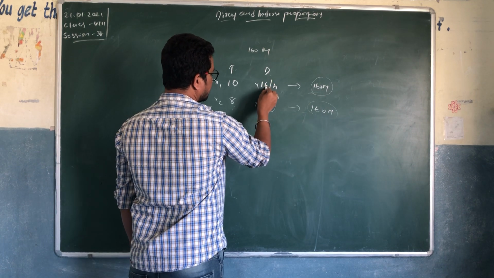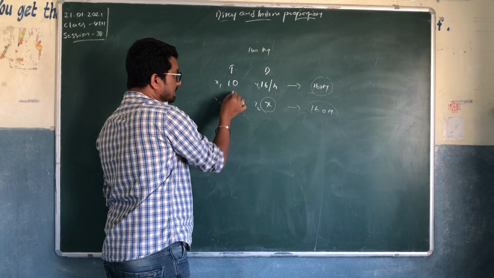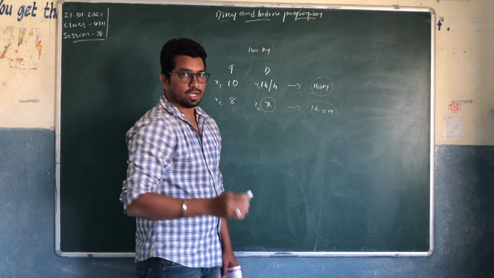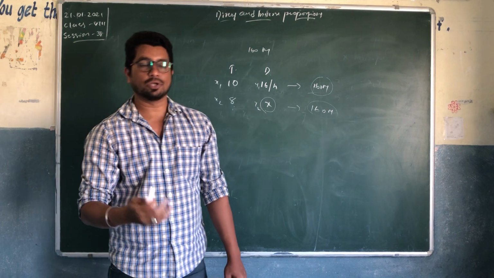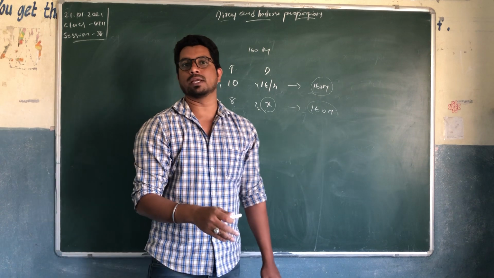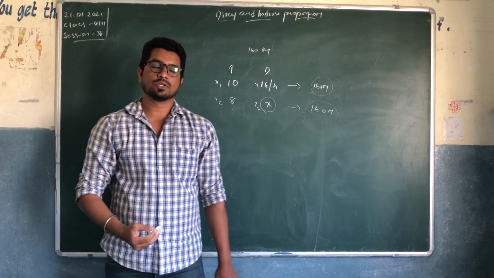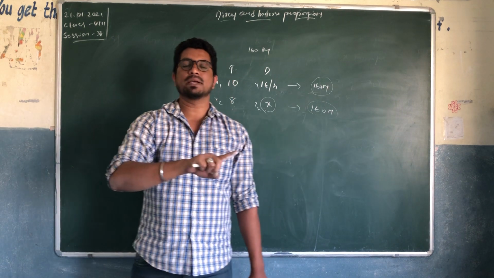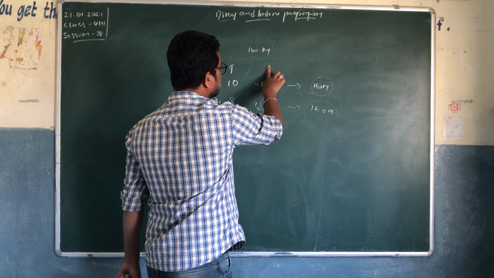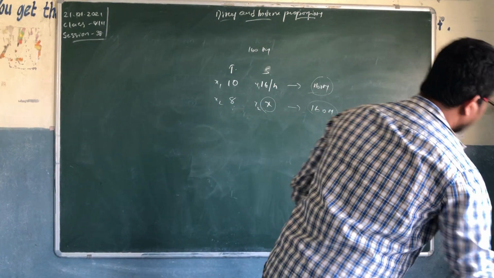If you are decreasing time, the speed will get increased, right? If you are riding your bike fast, you will reach your destination very quickly. If you are riding your bike slowly, it takes more time, right? So time is inversely proportional to speed. Sorry, this is not distance, this is speed.